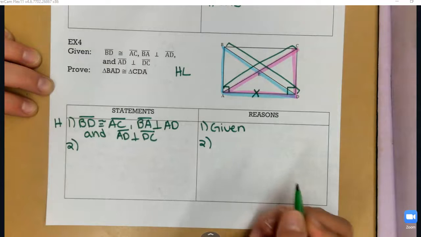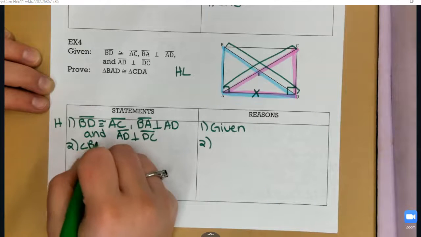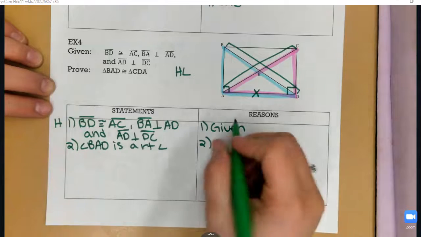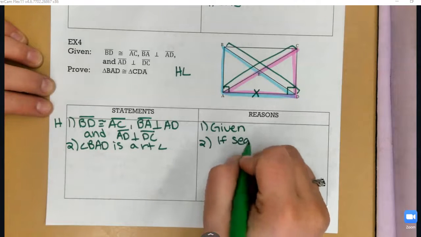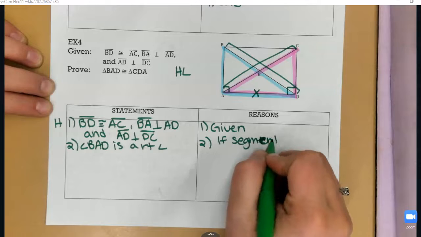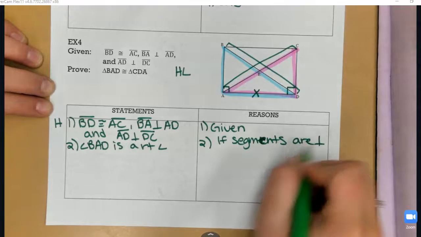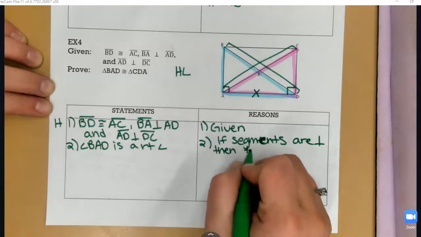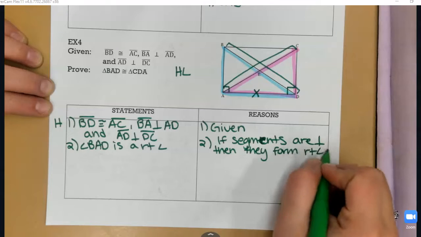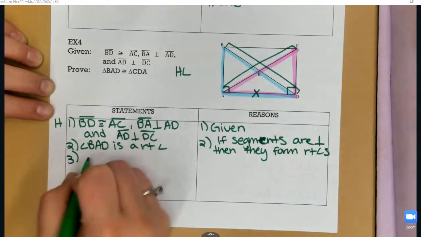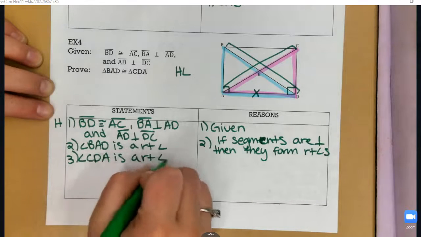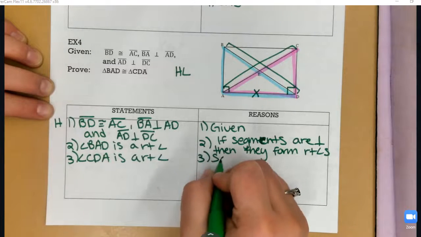The next thing I need to establish is my right angles. I know that angle BAD is a right angle because if segments are perpendicular, then they form right angles. Okay. Then I also know that angle CDA is a right angle for the same reason as number 2.